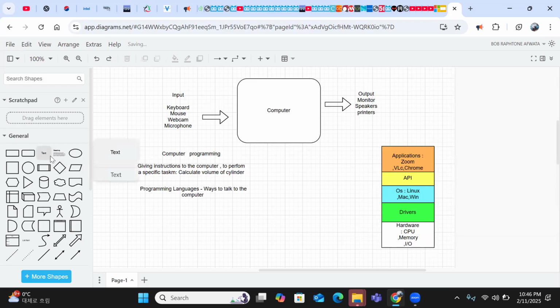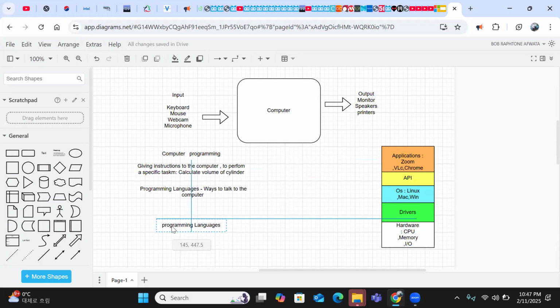Okay, so there is something called the languages. I have told you about programming languages. The programming languages vary. They are divided into three main types.